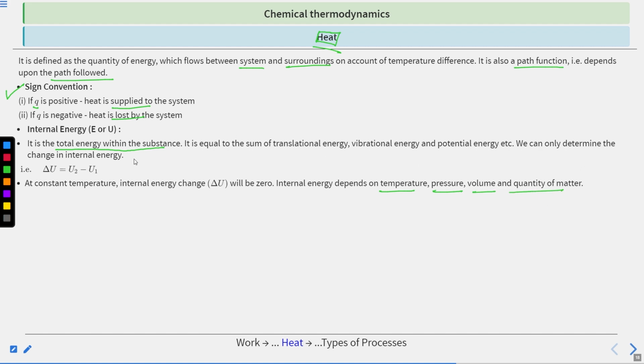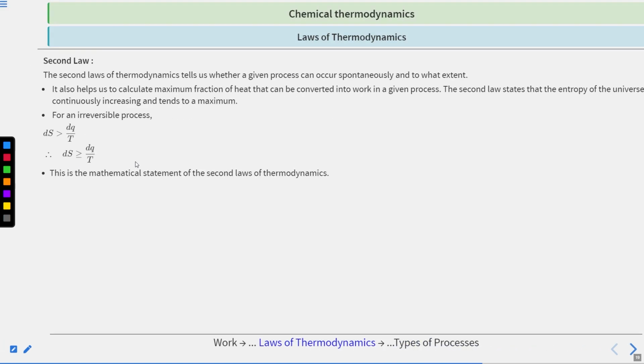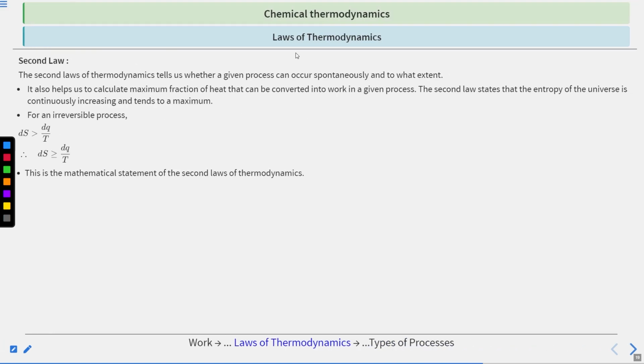Let's move on to the second law of thermodynamics. The second law tells us whether a given process can occur spontaneously and to what extent. It also helps us calculate the maximum fraction of heat that can be converted into work in a given process. The second law states that the entropy of the universe is continuously increasing and tends to a maximum.